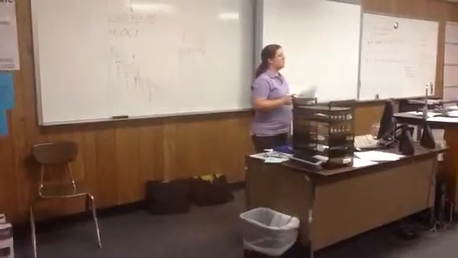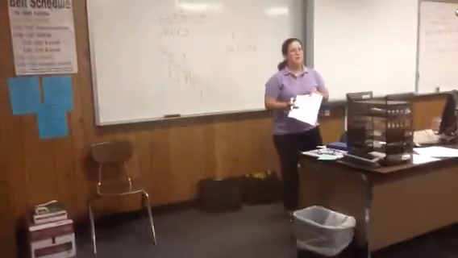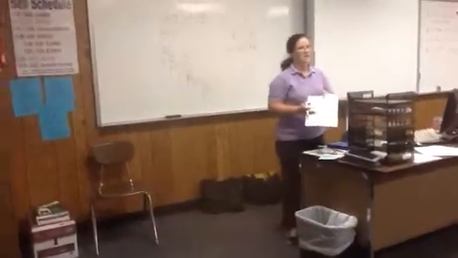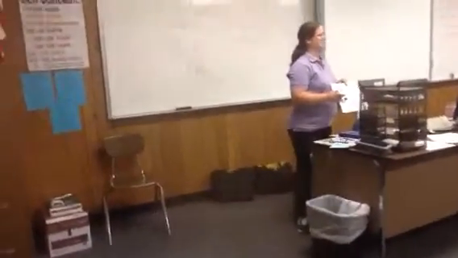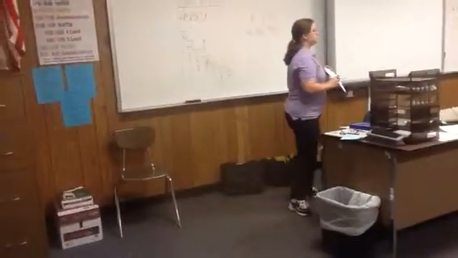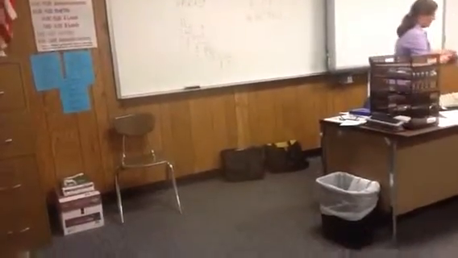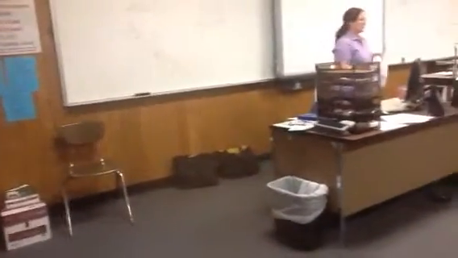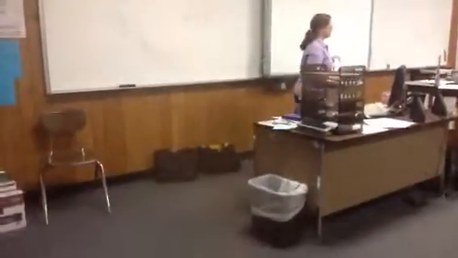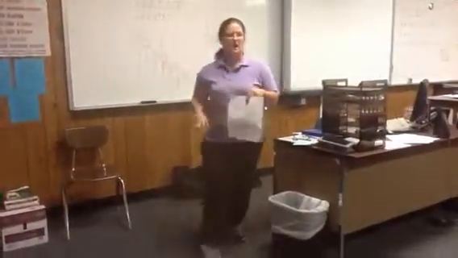All right, you and one other person may work on problems 1 through 9. I'm going to come around and help you out with them. When you're done with 1 through 9, you need to come up to the front and pick up a ruler. I have counted my rulers.